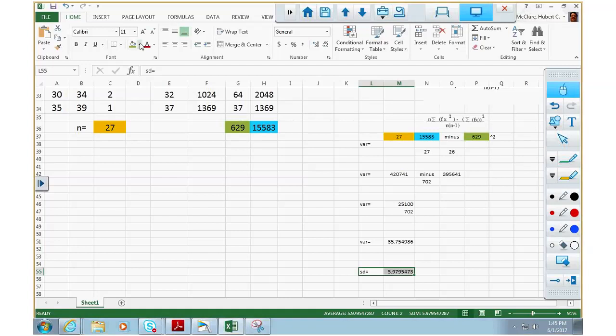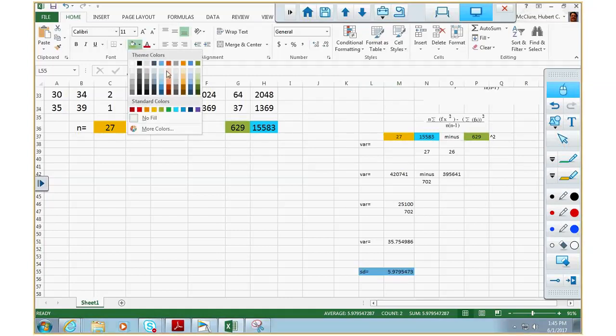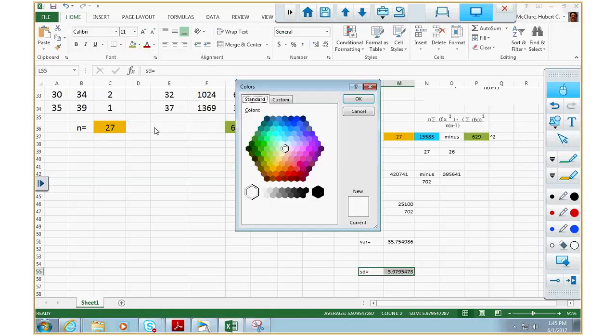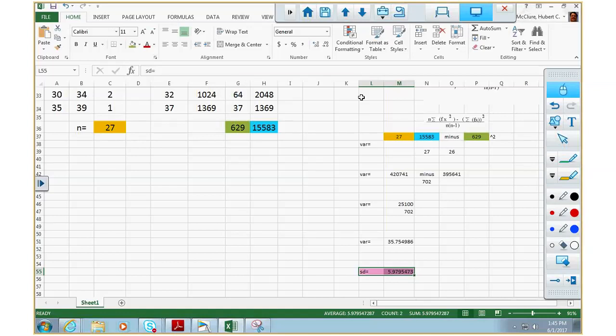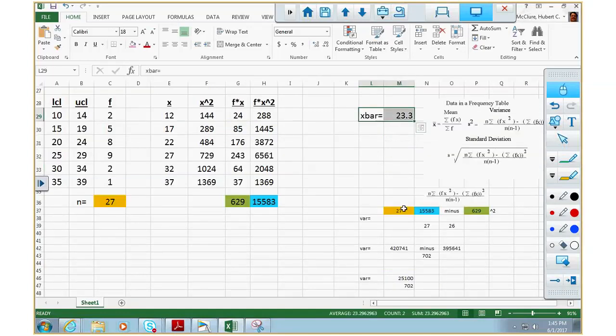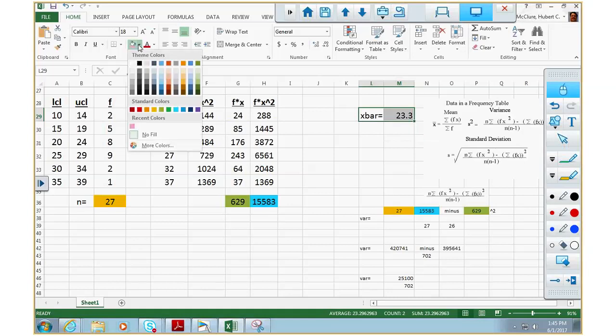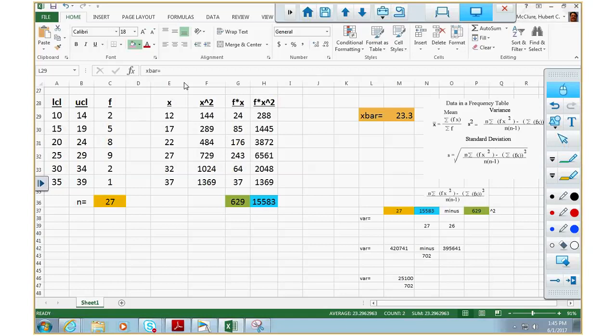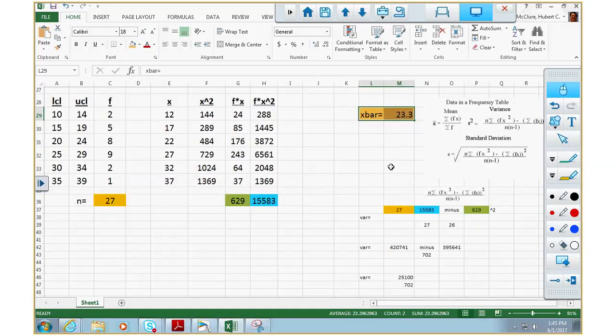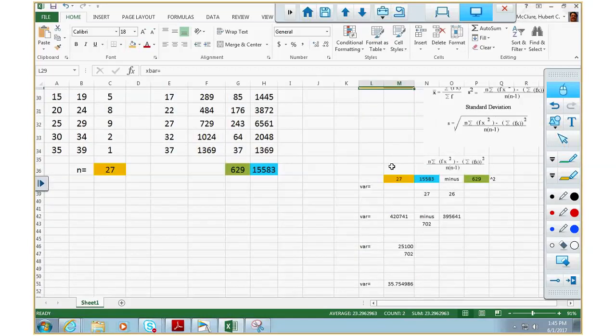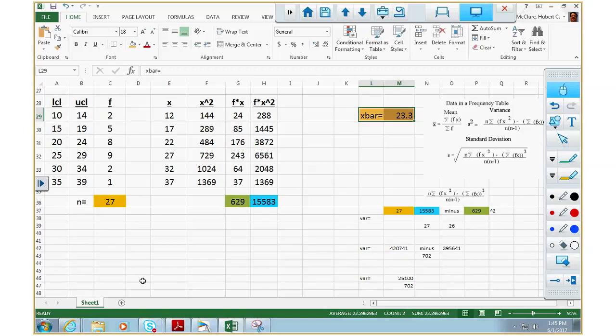I'm going the wrong color. I got so many highlights up here. Where's my magenta? Let's find magenta or mauve. That's a mauve right there. Let's do that. And then our mean, we'll color it a yucky orange. So I take my handy dandy yucky orange and I put it in the middle.